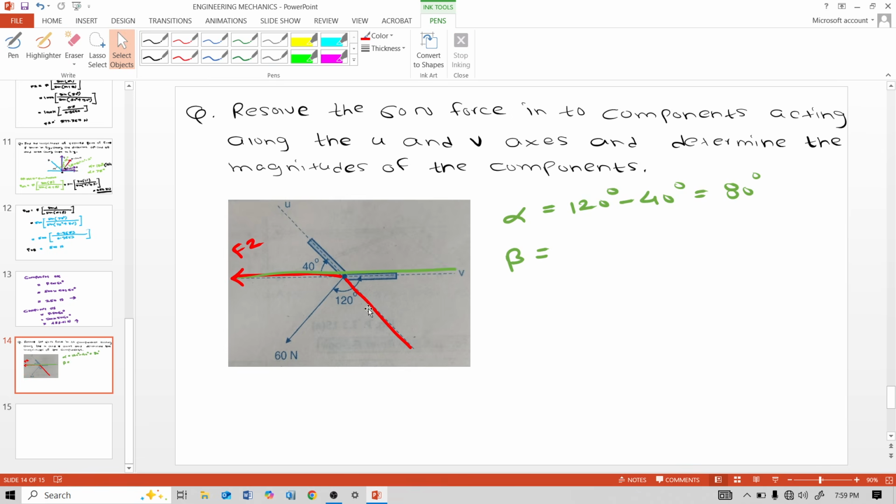Your beta will be total 180 degree minus 120 degree, that is 60 degree. So this beta will be 60 degree. Both alpha and beta we calculated. Now we will see the components.